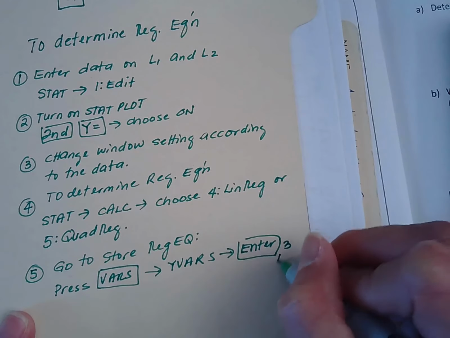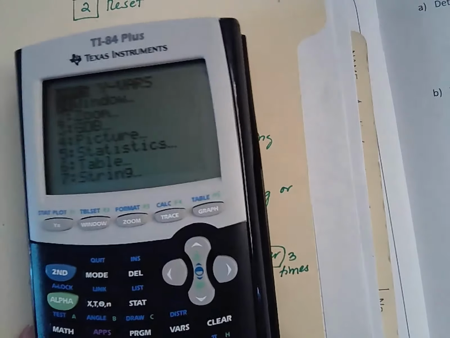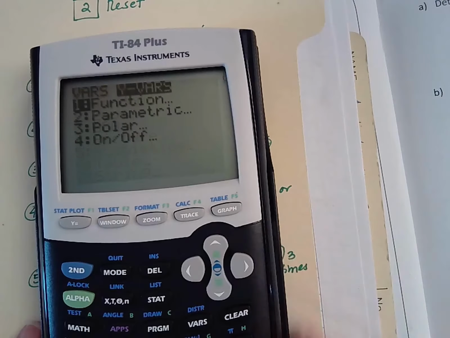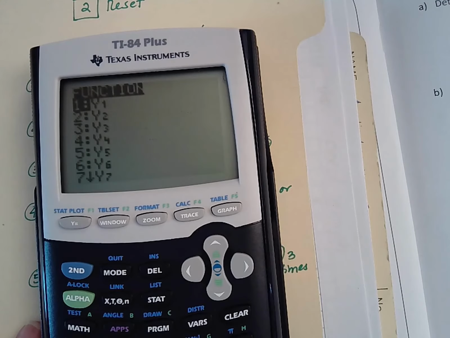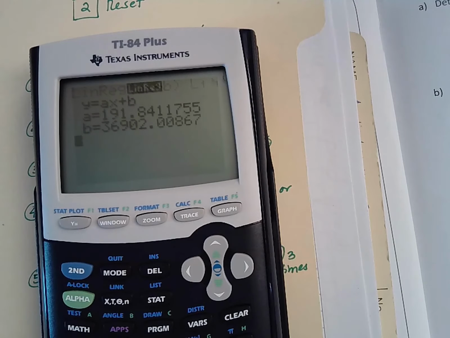So y vars, 1, 2, 3, and then one more time, 4. Really 4 times.